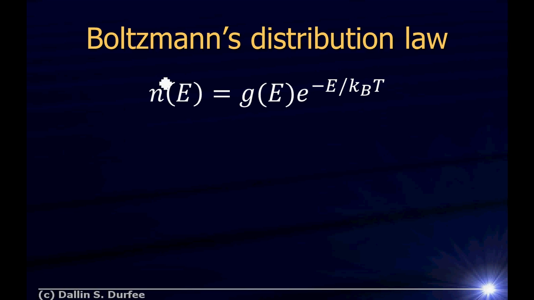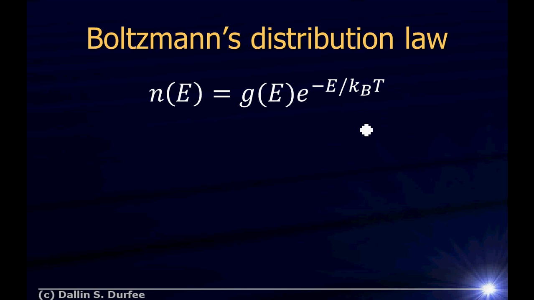It says, or I guess the number that will be at a given energy will depend on how many levels there are at that energy, because in a quantum mechanical system you can have two different states that happen to have the same energy. So this thing here is the degeneracy. How many different states have that same energy, and then you multiply by this thing here known as the Boltzmann factor. All right? But we have not learned quantum mechanics yet, so let's consider sort of a classical interpretation.